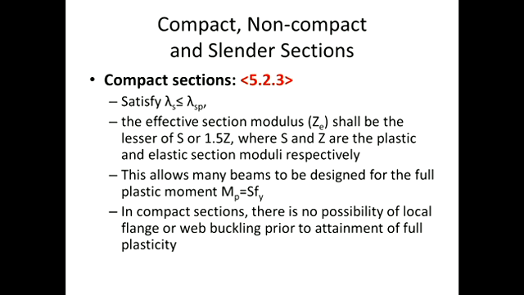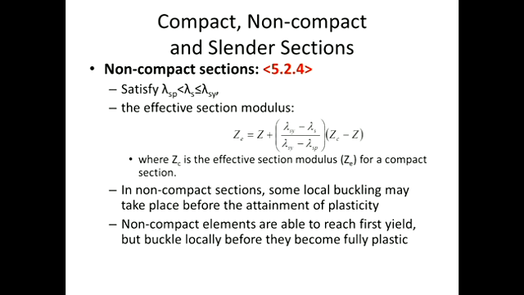So the other sections that we might have are non-compact sections. Non-compact sections would have values of lambda S which are greater than lambda SP and less than lambda SY. So then our value of ZE.